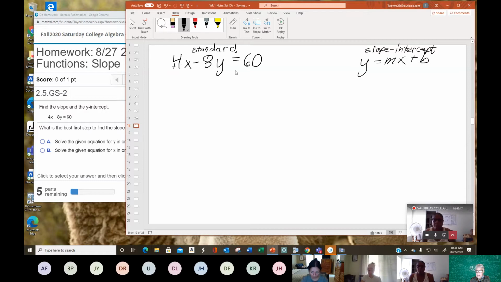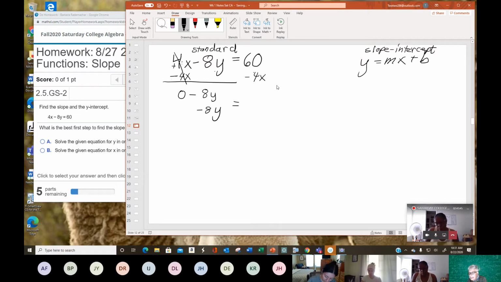To get 4x over to the other side from the y term, I subtract 4x from both sides. Minus 4x. 4x minus 4x is 0, which leaves me with 0 minus 8y, which will be negative 8y.